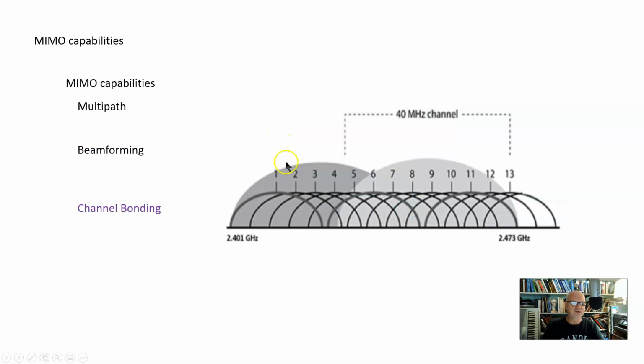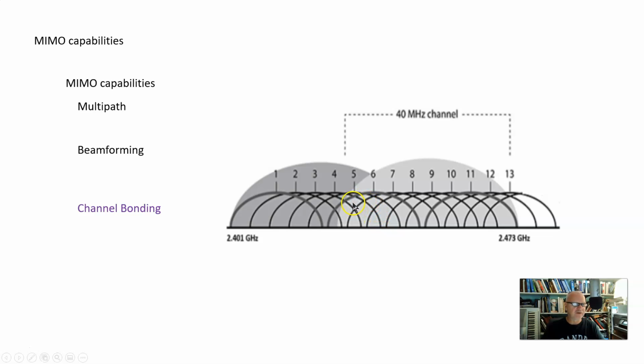The third one is channel bonding. So normally we have several channels like this. This is 2.4 gigahertz, and you can see we're ranging from 2401 to 2473 megahertz here into several sub-channels. Well, each sub-channel can carry information.